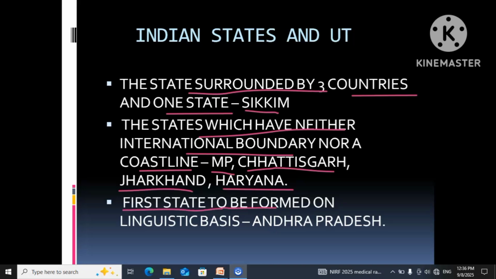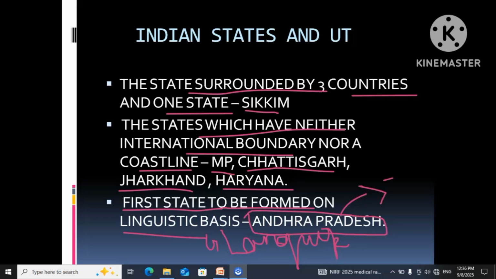The first state to be formed on a linguistic basis; linguistic means language. On the basis of language, the state which was reorganized is Andhra Pradesh, in which the language is Telugu.